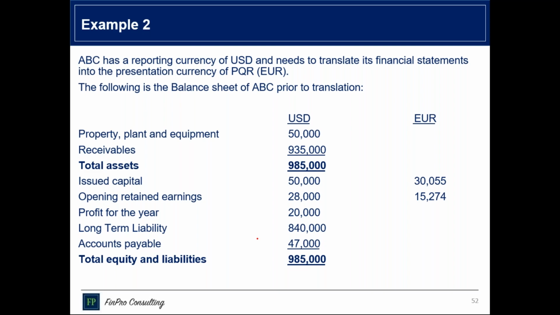So we have provided a balance sheet of ABC in USD. We have property, plant and equipment, receivables, issued capital, opening retained earnings, profit for the year, long-term liabilities and accounts payable. And we already have the rate as on the transaction date for my equity items, which is 30,055 euros for 50,000 USD and 50,274 for 28,000 opening retained earnings.